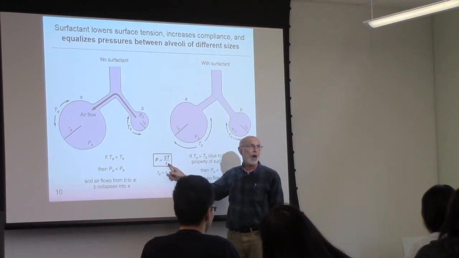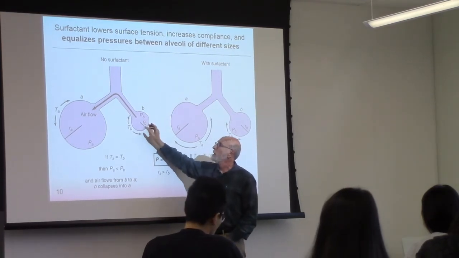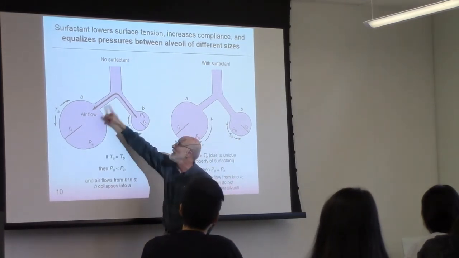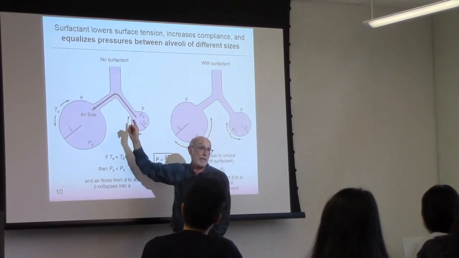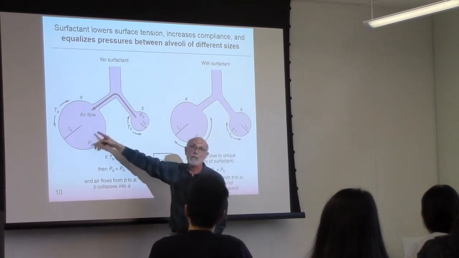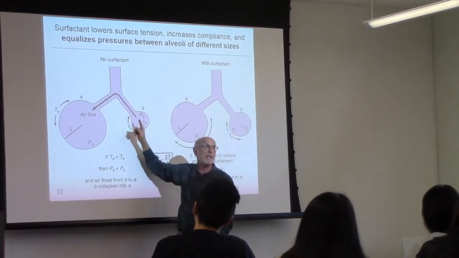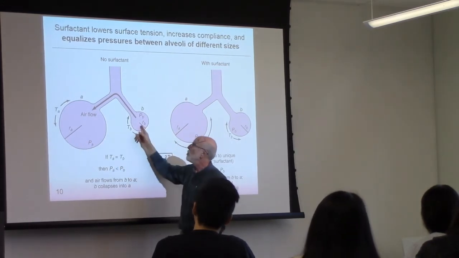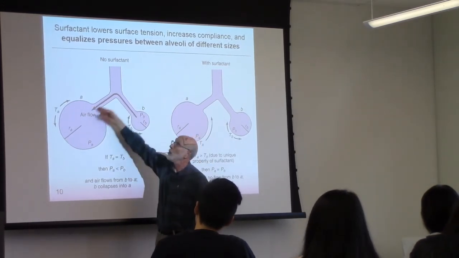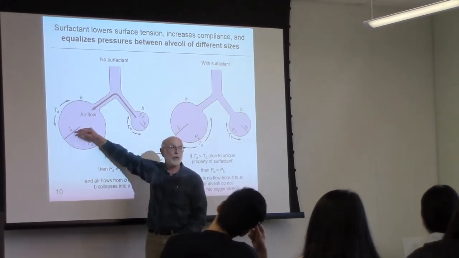That's a physical law. So if a bubble is smaller than another bubble, and yet they're connected by a pathway, this bubble will have a higher pressure than the bigger bubble, because it has a smaller radius. Higher pressure, nothing to prohibit flow. All the smaller bubbles will collapse into one big bubble.